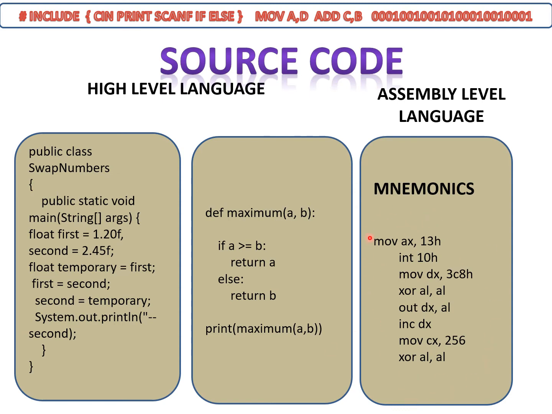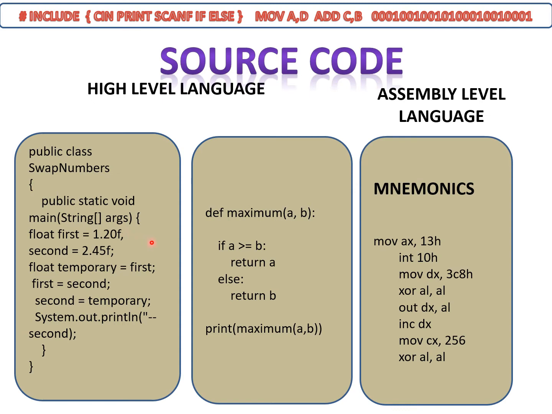This is called the low level language and these are the high level languages. So these languages which are human readable are called the source code.